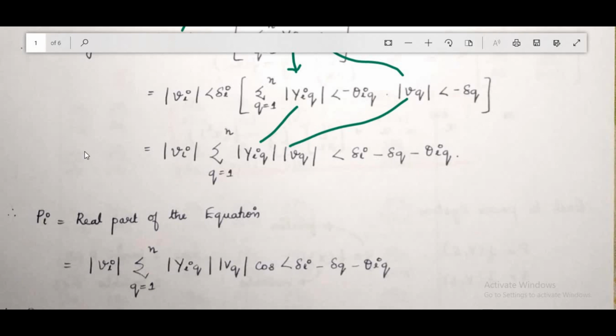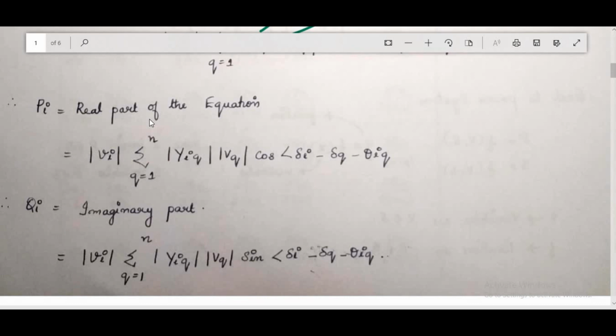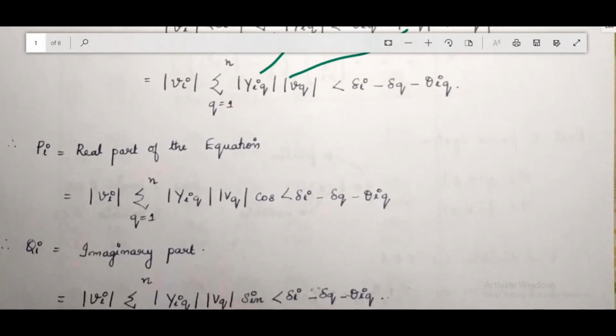So what was our left hand side? Our left hand side was Pi plus jQi is equal to this equation. So you can say that Pi is the real part of the equation and Qi is the imaginary part of the equation. So this is our equation, and how will you separate the real and imaginary part of a particular equation, like R angle theta?